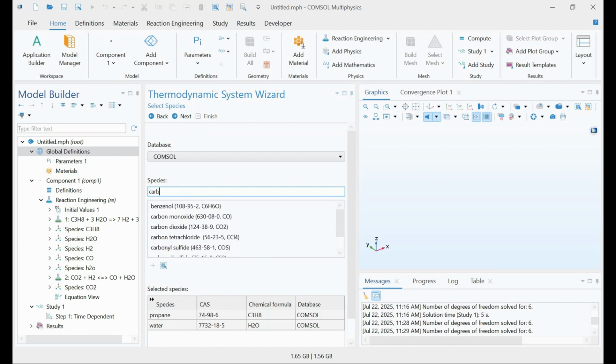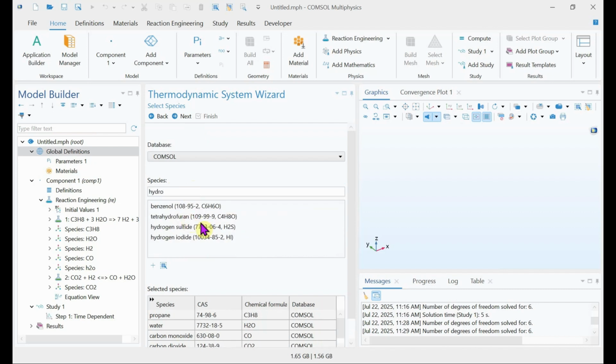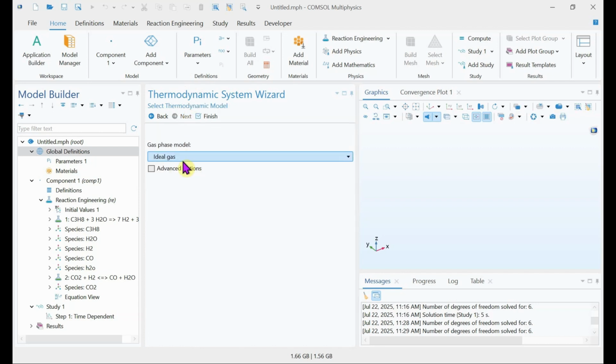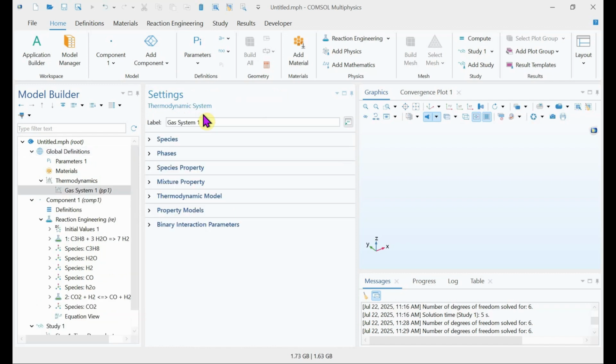Carbon monoxide, carbon dioxide, and the last one is hydrogen. And yes, all of these species are here. Then click on next. I'm using ideal gas because this was our assumption, and click on finish.